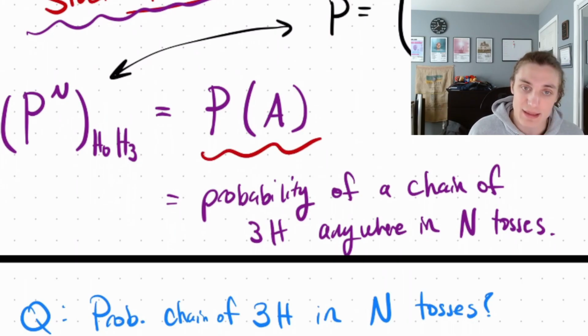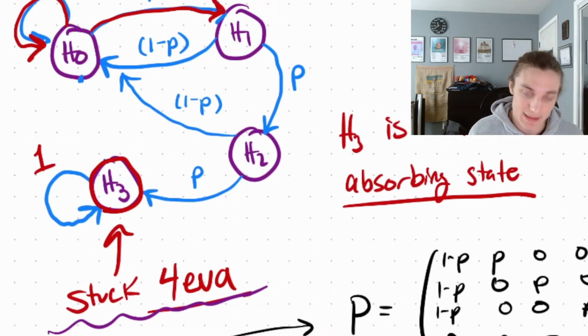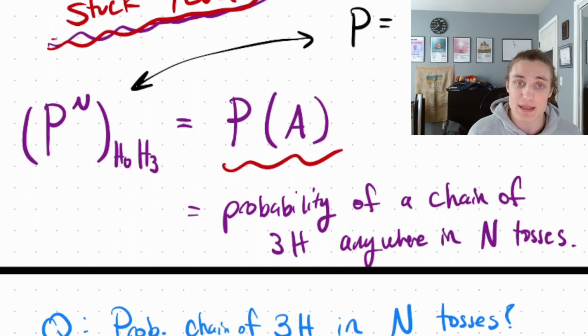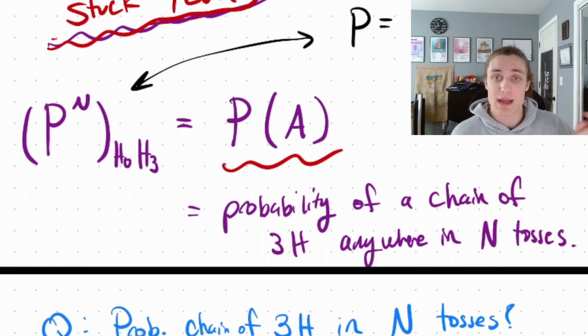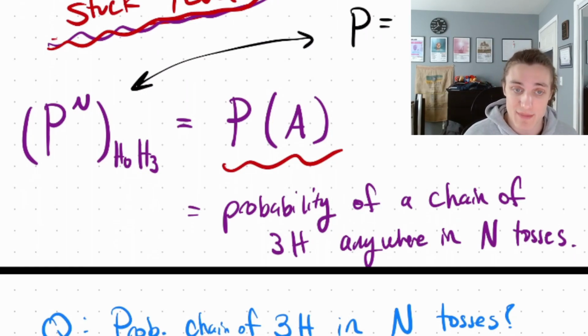By remodeling our diagram with an absorbing state, we found that we can get stuck here forever and compute that probability as that transition matrix raised to the capital N power, and just the transition of going from state 0 to state 3. Okay, that is the probability of getting a chain of 3 heads anywhere in n tosses, right? So if n is 10, what's that probability? We plug in those numbers, we get that value, right?